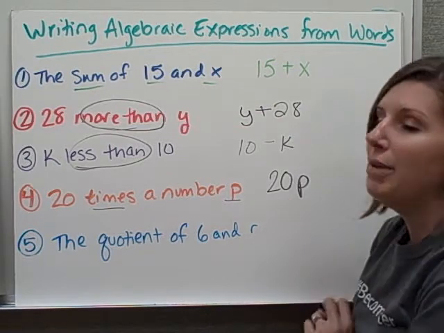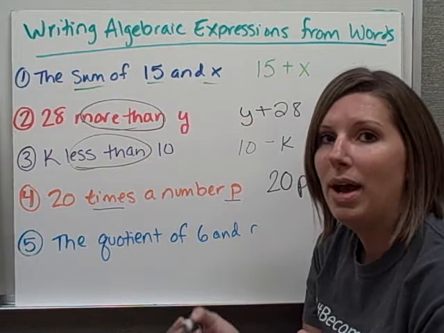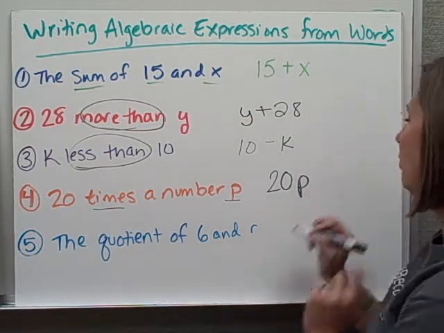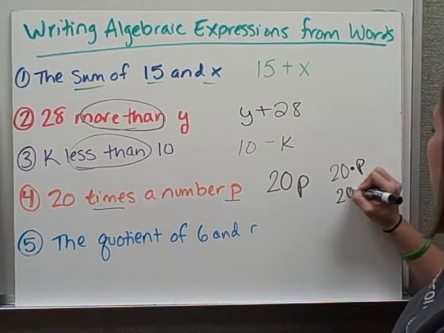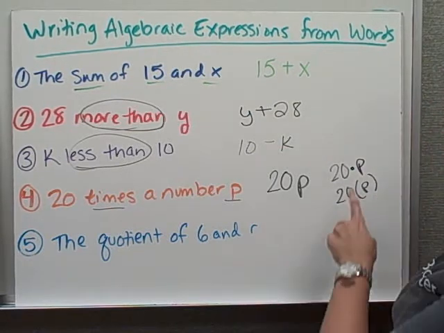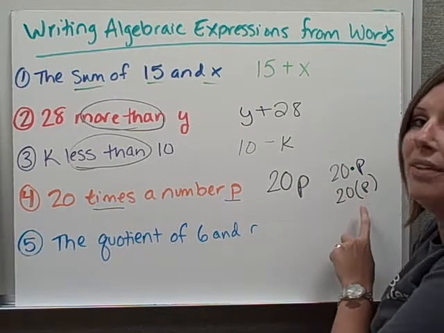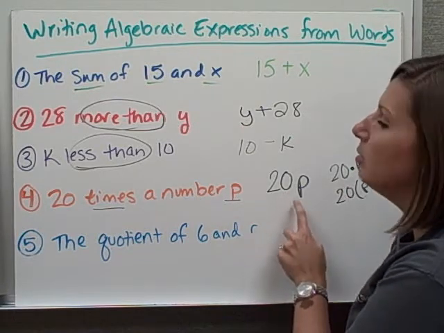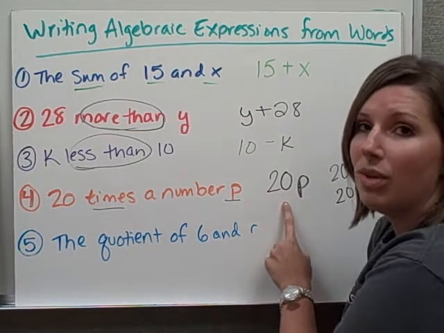I've got the least amount of numbers and symbols. I'm not wasting my pencil lead or my ink writing all of these different ways, because I'm using extra symbols. I don't have to. I can make it as simple as possible. This represents the same thing as those two, so why don't I just write it like this?